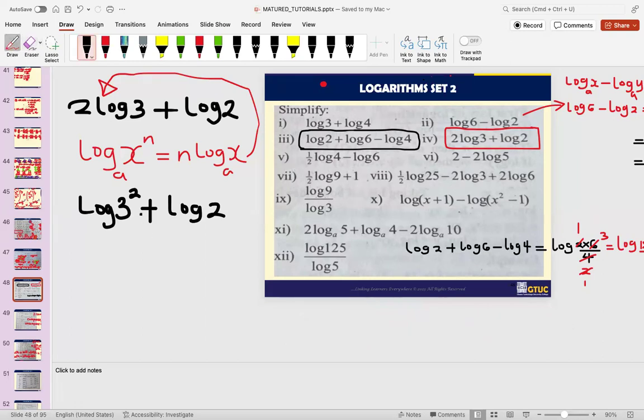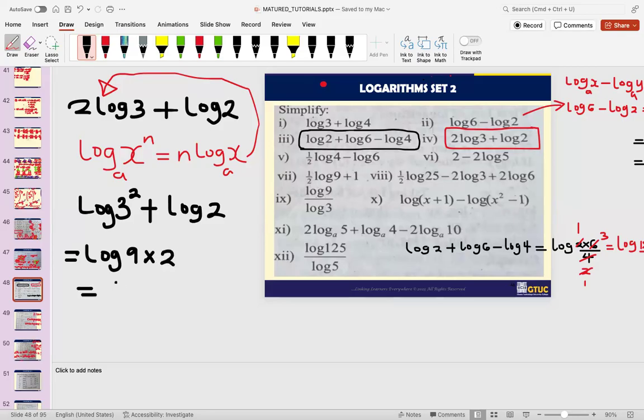So we can apply law 1. Law 1 says that when it is plus, just multiply the 2 numbers in the logs. So this becomes log 3 squared is 9, multiplied by 2.